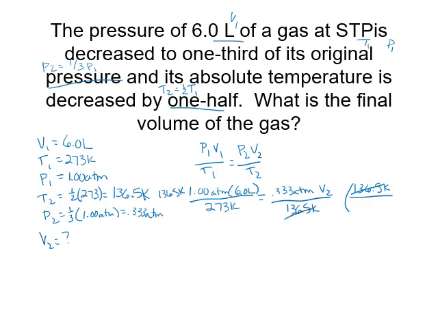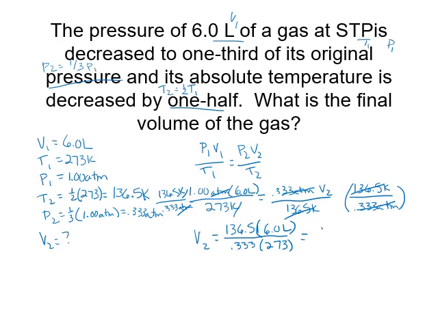And I need to divide both sides by 0.333 atmospheres so it'll cancel on the right. Have to do it to both sides. Note that my atmospheres and Kelvin units are going to cancel. And I'm going to be left with V2 is equal to 136.5 times 6 liters divided by 0.333 times 273, which rounds out to be 9 liters.